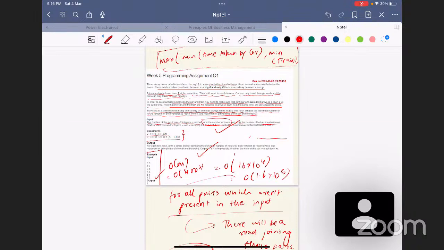What do you mean by complete graph? You can unmute and say.